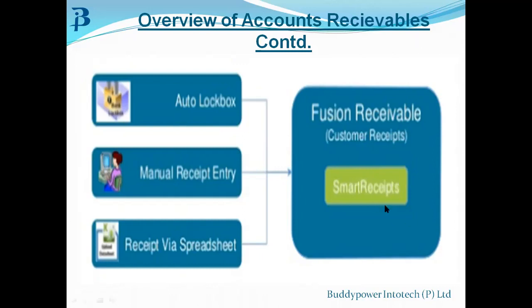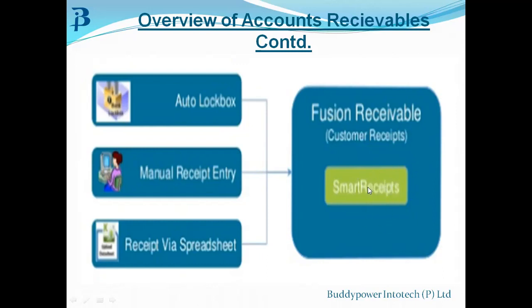Smart receipts is an industry-leading automated cash application solution that provides embedded intelligence and focused to-do lists of transactions, receipts and other activities requiring immediate attention. It is a feature that the Fusion cloud offers.